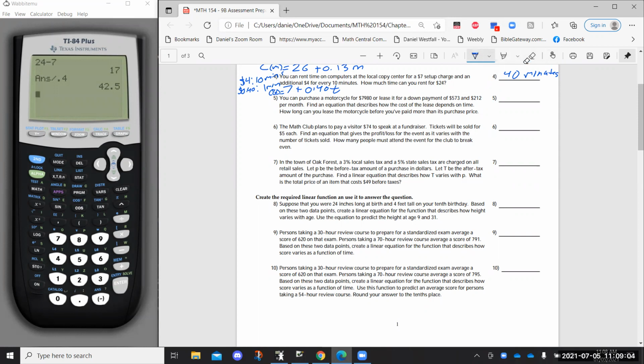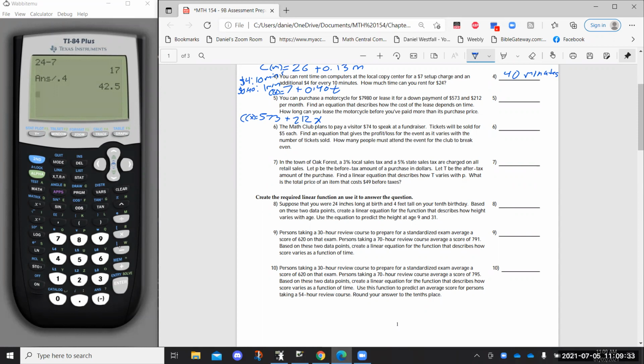Next one, you can purchase a motorcycle for $79.80 or lease it for a down payment of $573 plus $212 per month. I'm just going to use X to represent the number of months, and I'm going to call this C of X. We want to find out when those two are going to be equal to each other, where they cross each other.